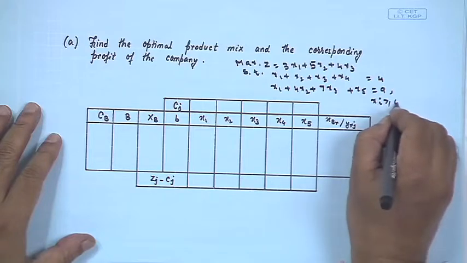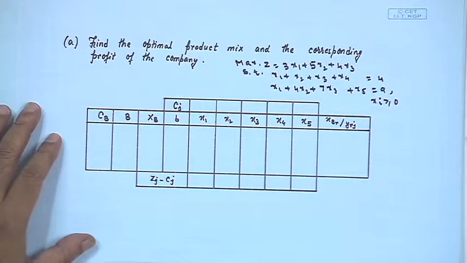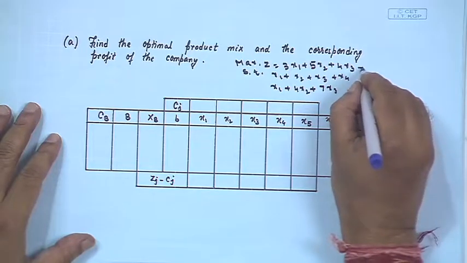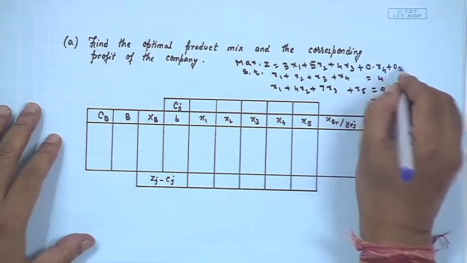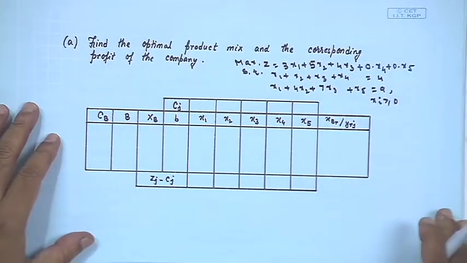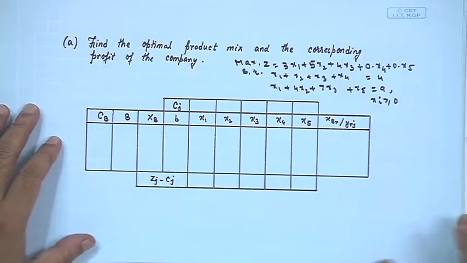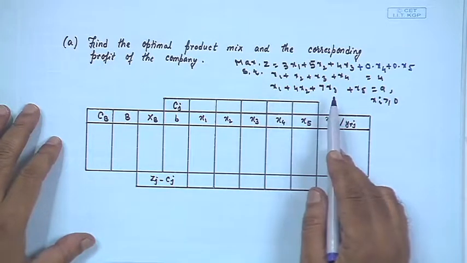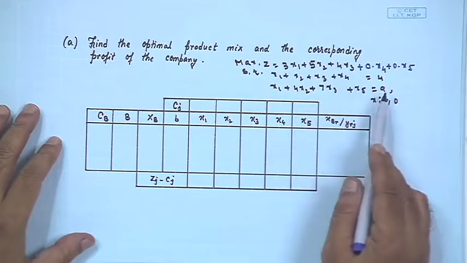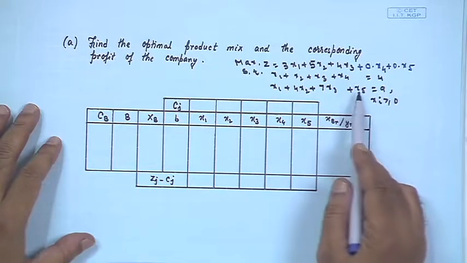The xi's are greater than equals 0, and in the objective it will be 0 into x4 plus 0 into x5. So, your original problem is this, which you have converted into standard form by introducing these variables.